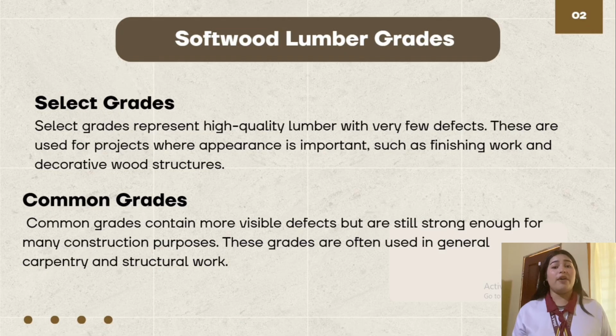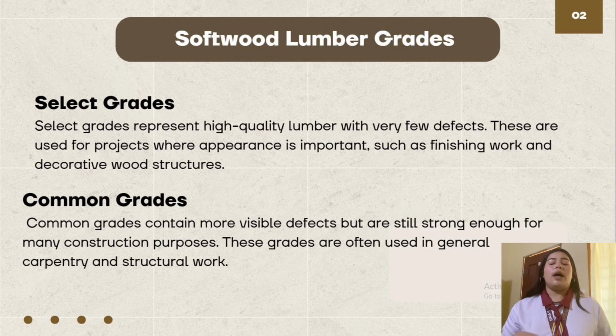Next, we have the common grades. Common grades contain more visible defects like knots or irregularities. Despite these imperfections, they are still strong and suitable for general construction and structural work. Common grades are ideal when strength is more important than appearance.